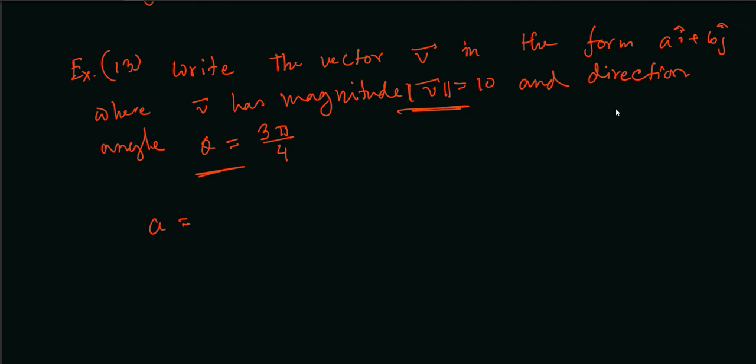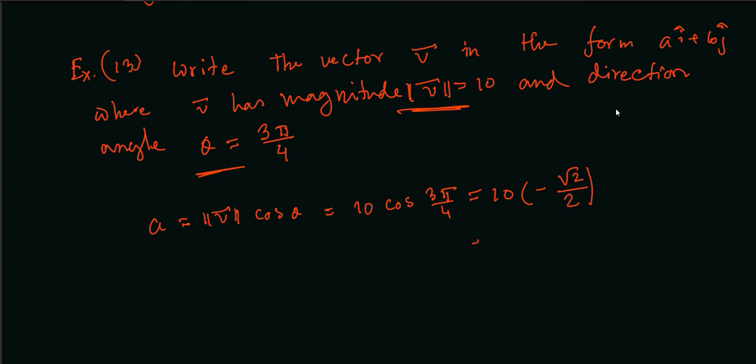So a equals the magnitude of the vector v times cosine theta, and then we can just substitute the values. 10 cosine 3 pi over 4, and the value of cosine 3 pi over 4 is negative square root 2 over 2.